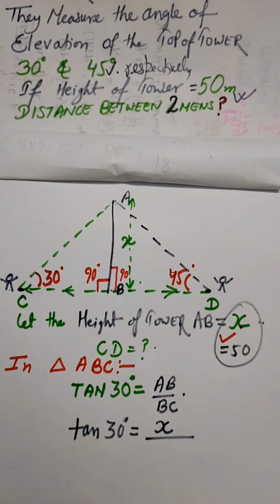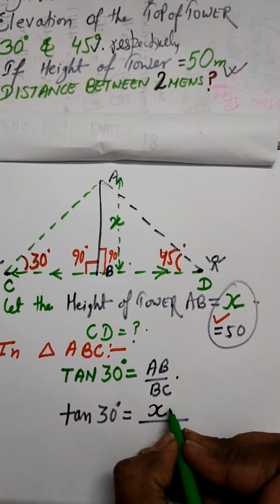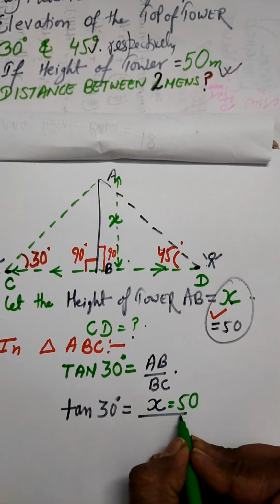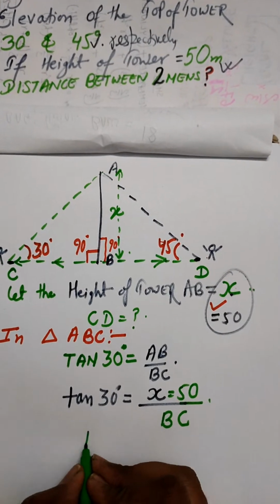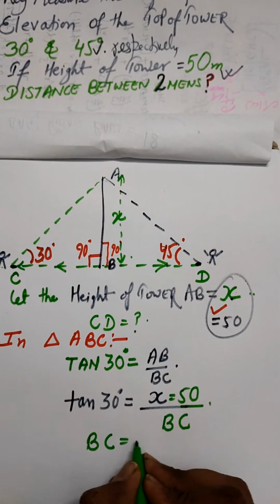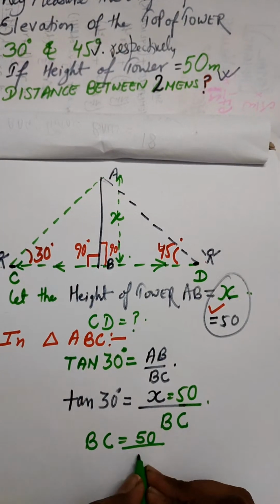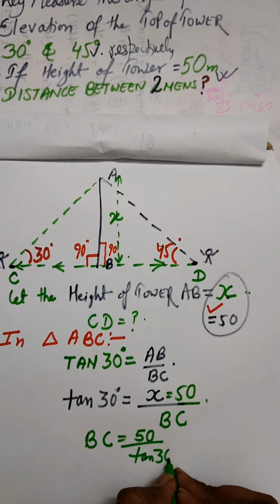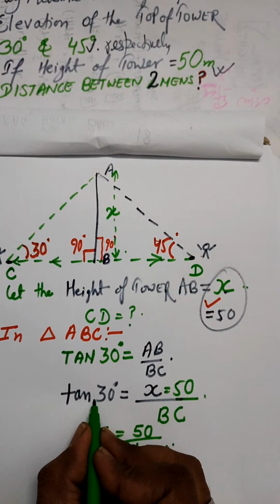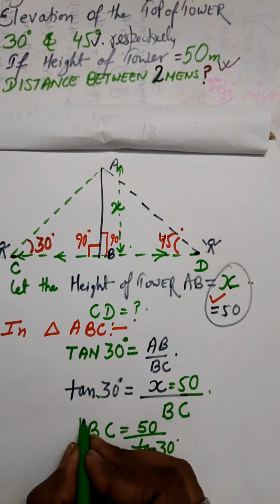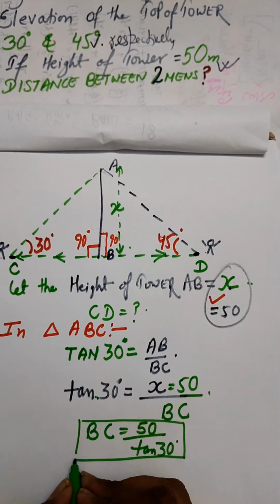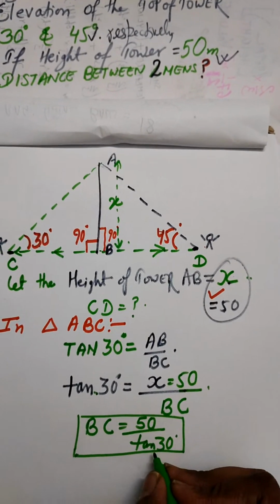Putting the value of 50 in place of x and BC as a variable, we see BC can be written as 50 by tan 30. What we did is bring this tan 30 from LHS to the denominator of RHS. What is the value of tan 30?